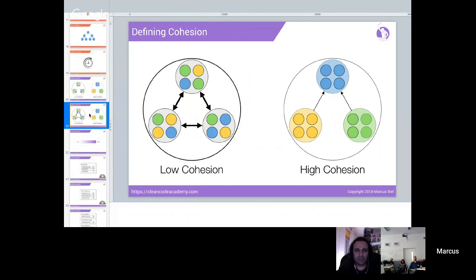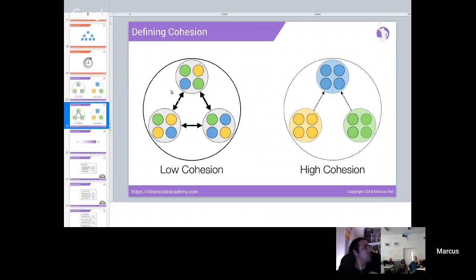Now, if they are spread over the entire system, you will probably understand that this will introduce a lot of tight coupling, because these components have to talk to each other. So this is why a low cohesive system also usually tends to a tightly coupled system. And by getting cohesion right, you will by a large factor also get coupling right.